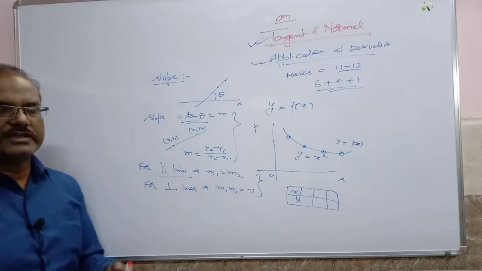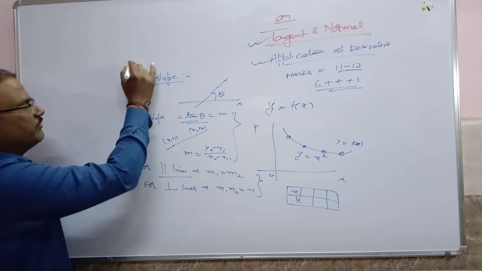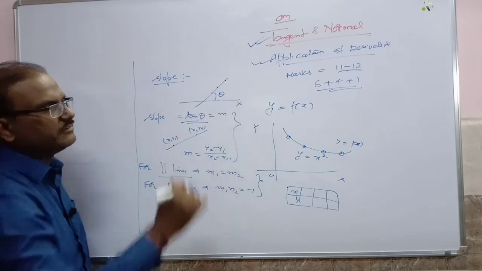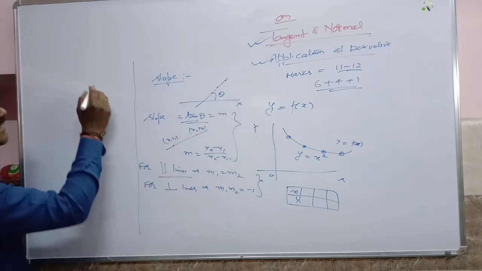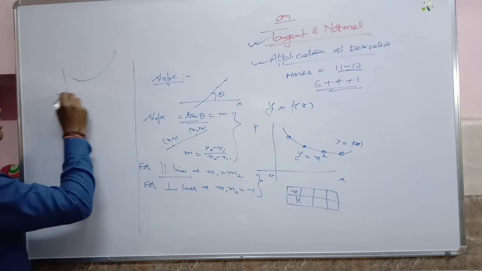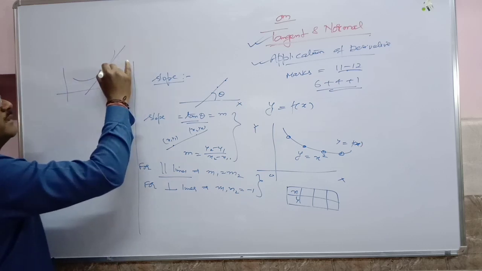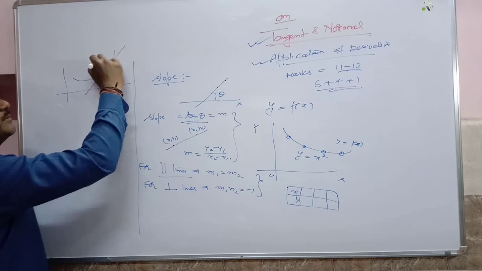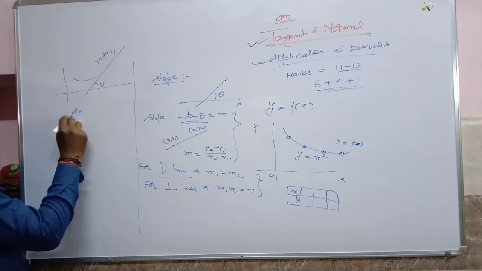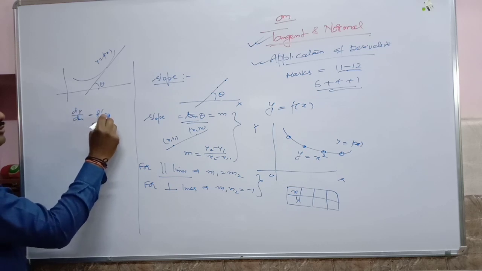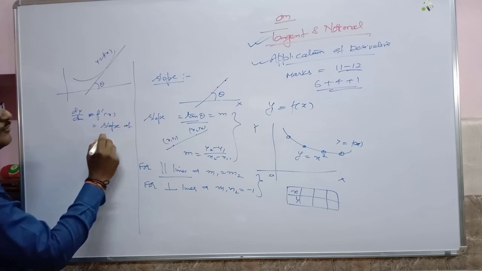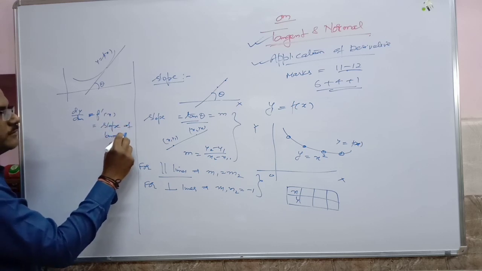These are the things which we have read there. Now we are going to equate this slope with our derivative. Derivative means we have differentiated a curve. What we get there, this theta is also given by differentiation of the curve. dy by dx, which we get by differentiating, that is f dash x, is the slope of the tangent.